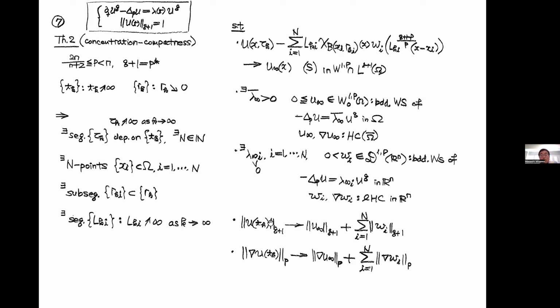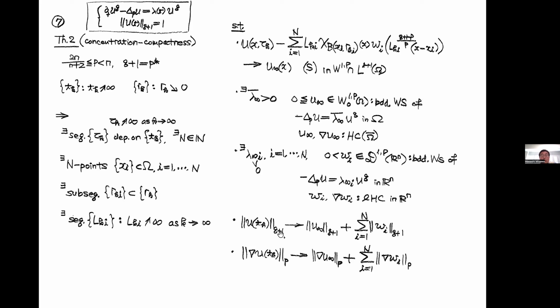And we have the following volume and energy decomposition along the solution and time sequence tau k. Sorry, this is a mistake. This is tau k, not Tk. Sorry, this is a misprint.